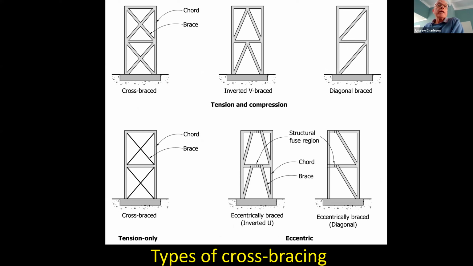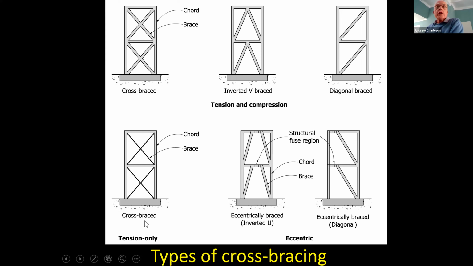You could have a cross-braced frame, or an inverted V-braced frame, or whatever. The choice is yours. And once again, you make that choice based on your program and design concept.